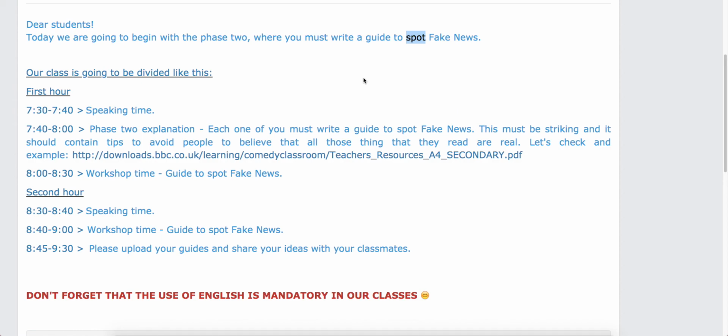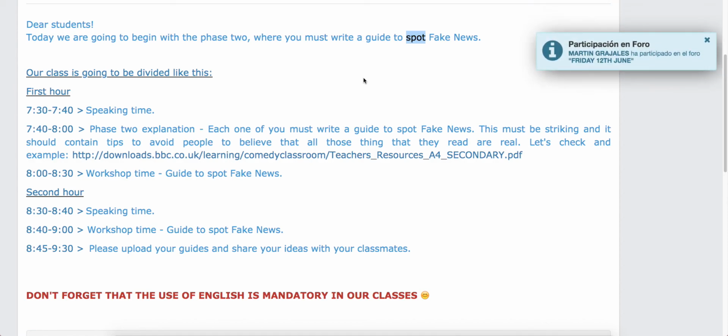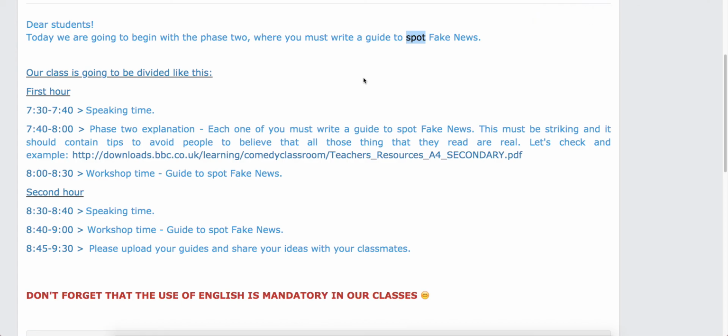So you can take that video into account, you can look for some information on internet, you can do a short research in order to be able to do this part of the final project. It's basically the creation of a manual, but of course, as this is a manual, it has to be beautiful, it has to be well done.